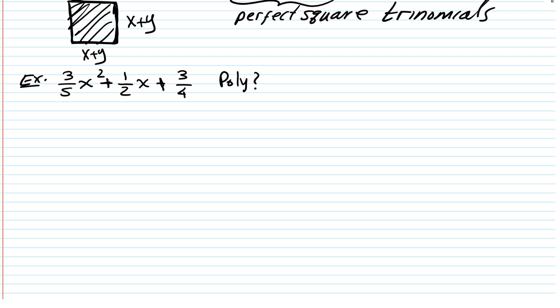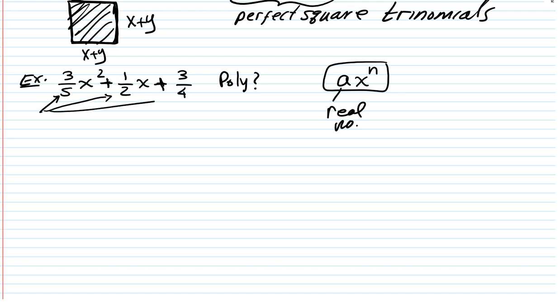Remember, the definition of polynomial was terms that are in the form ax to the n. A is any real number. It could be positive, negative, fraction, decimals, radicals, anything. So the fact that these are fractions in front, no problem. Also the constant in the end, the 3/4, that's fine.